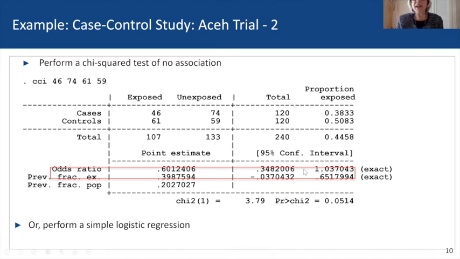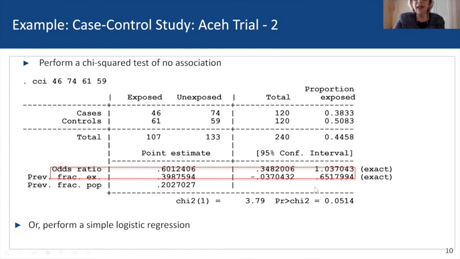So again, if our null hypothesis is no association, then the null hypothesis is that the value of the odds ratio equals 1. So based on this confidence interval, we would fail to reject the null hypothesis, and conclude that there appears to be no association between vitamin A and the event of death based on this case control study.